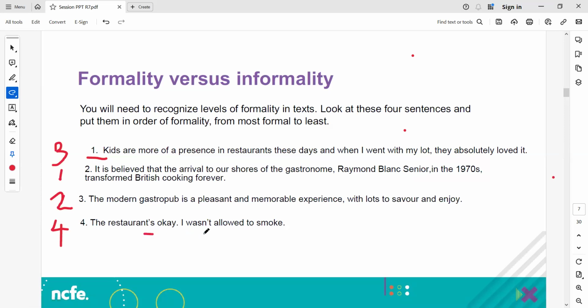And we've also got wasn't instead of was not. Also the length of the sentences. We've got two really simple sentences. The restaurant's okay. I wasn't allowed to smoke. So very simple. We haven't got any complex or technical vocabulary, and we've got contractions. Okay, well done.